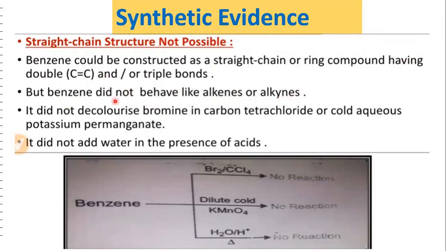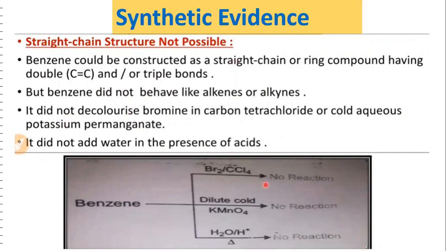When the chemical properties and chemical reactions of benzene were compared with alkenes and alkynes, it was found that benzene did not decolorize bromine in carbon tetrachloride or cold aqueous potassium permanganate. Also, it did not add water in the presence of acids.